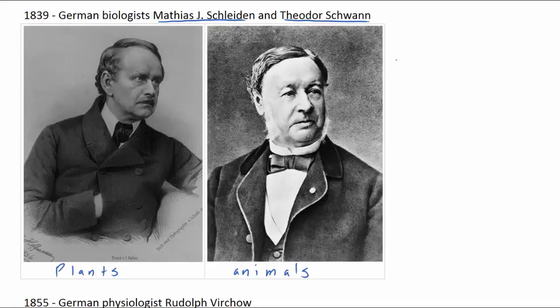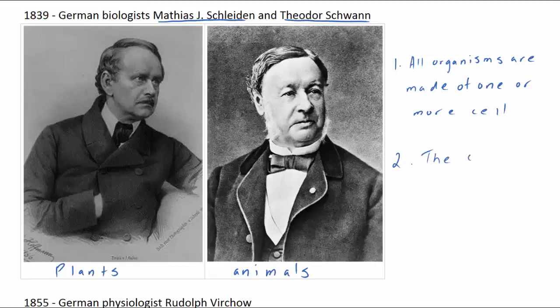And when Schwann compared animal cells to plant cells, they concluded that cells were elementary particles of organisms, the unit of structure and function. Schleiden and Schwann used their observations to formulate the cell theory, which originally had two main components. One, all organisms are made of one or more cells, and two, the cell is the fundamental unit of all life. So that was the start of the cell theory?